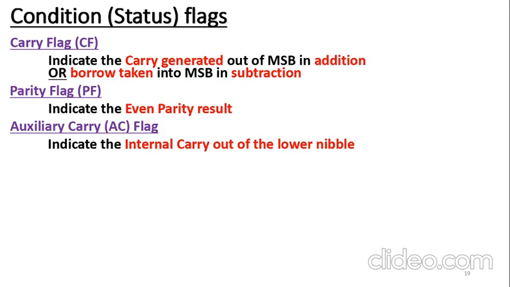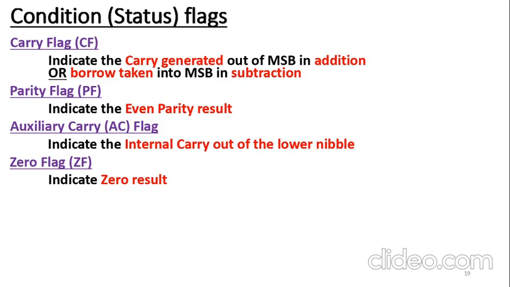In case of any arithmetic operation, whenever a carry is generated from the lower nibble and is internally forwarded to the upper nibble, in case of 8-bit ALU operation, the auxiliary carry flag will be set to 1. On the other hand, AC equal to 0, auxiliary carry reset, means there is no internal carry generated out of the lower nibble.